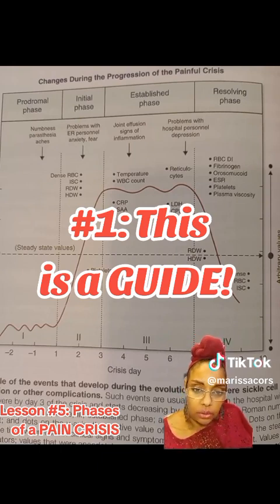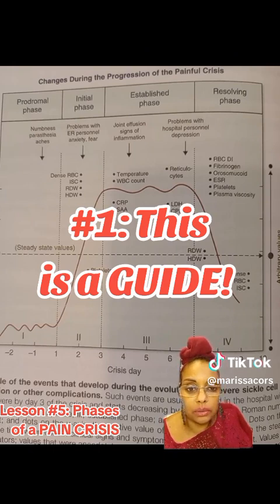I just wanted to look at this before we start studying the various kinds of pain crises that sickle cell patients can deal with, both acute, transitional, and chronic.